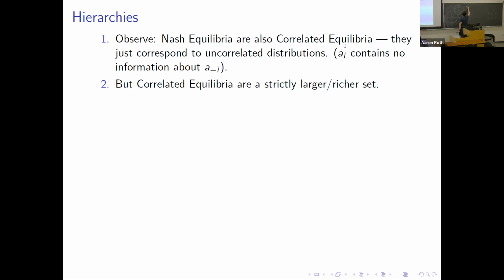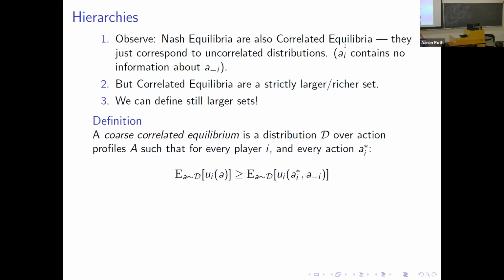And we've defined this set here, correlated equilibria, that again generalizes mixed strategy Nash equilibria, but contains other stuff, contains mixed strategy Nash equilibria, but also other stuff. It's a larger set. Okay.